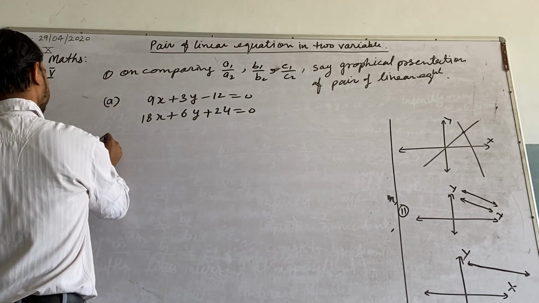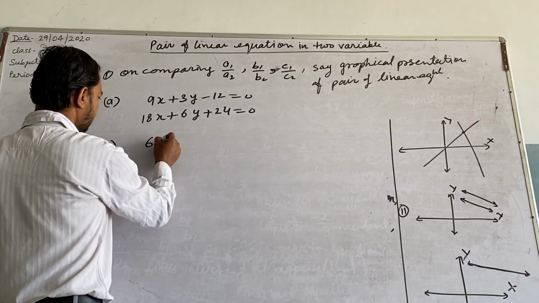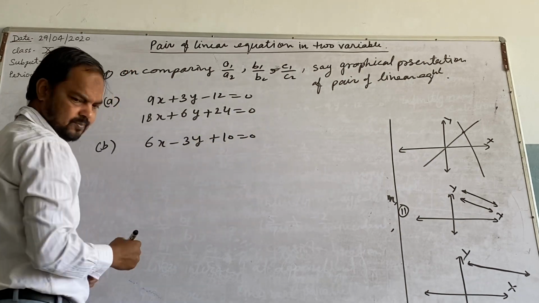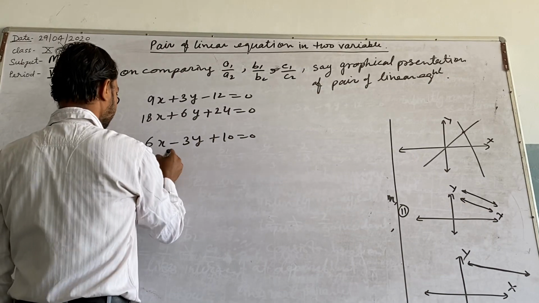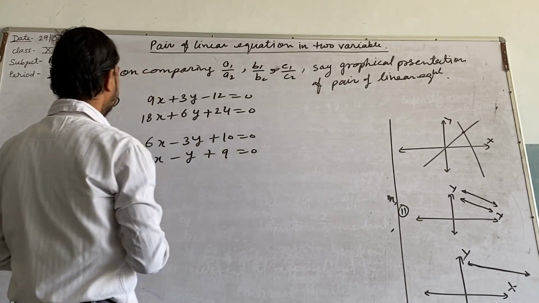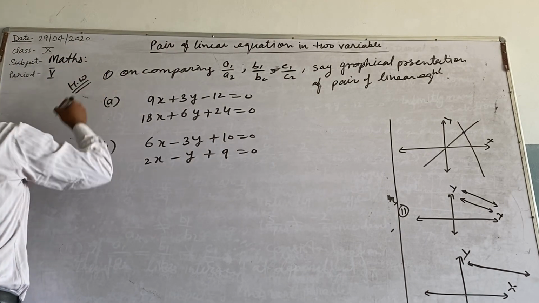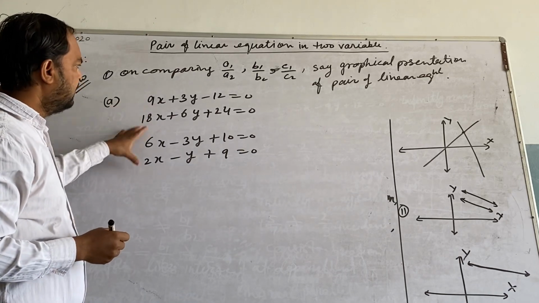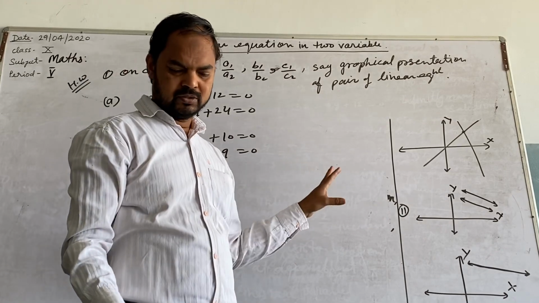B: 6x minus 3y plus 10 equal to 0, and 2x minus y plus 9 equal to 0. These are the two homeworks for you. First of all, write the ratio of their coefficients, then compare them, then write the comments according to the question. Thank you.